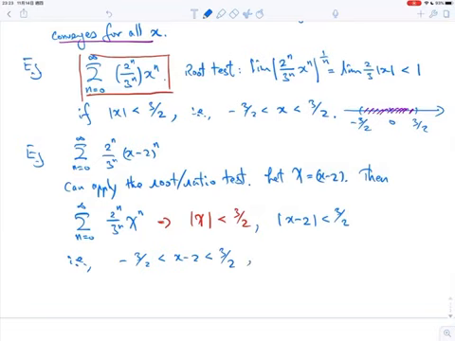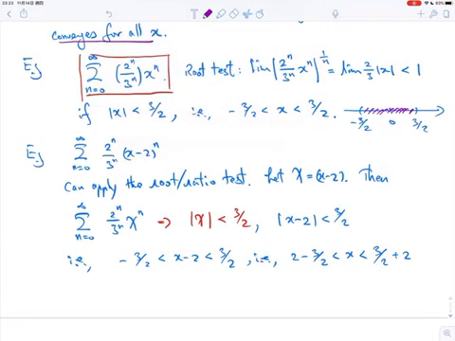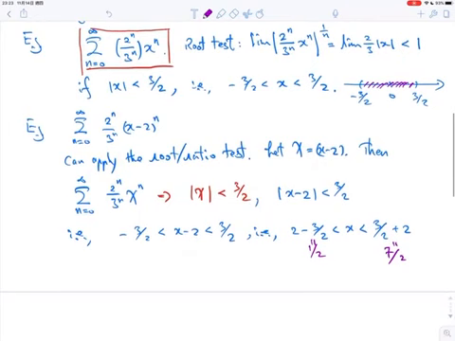And this can still further be rewritten into the form after removing the 2. You add 2 on both sides, so this essentially means that you would have 4 minus 3, so this is a half, and you're adding 4 to it, so 7/2. So x is between a half and 7/2.